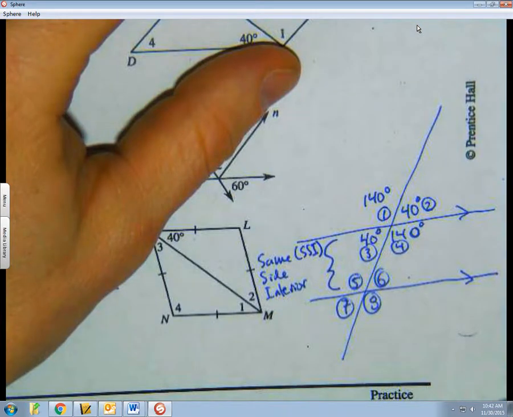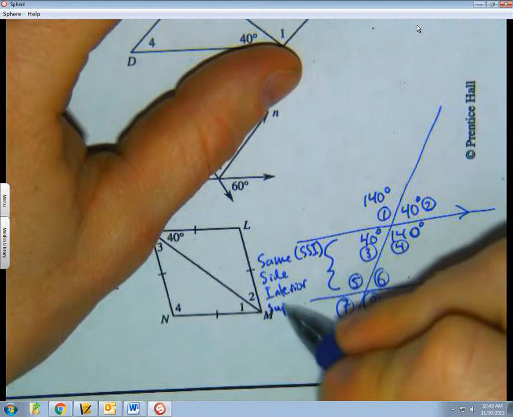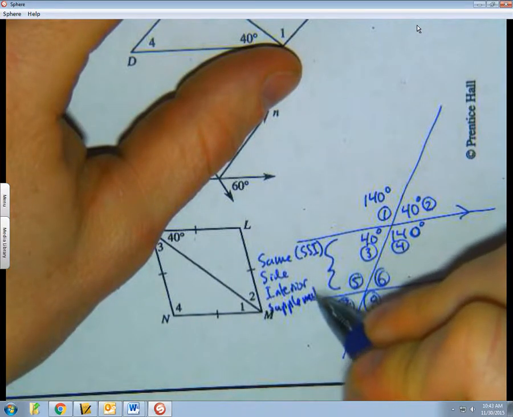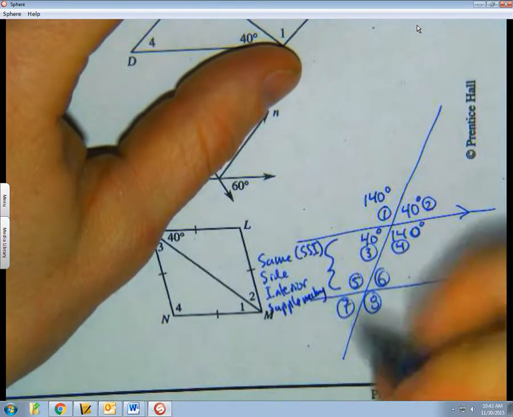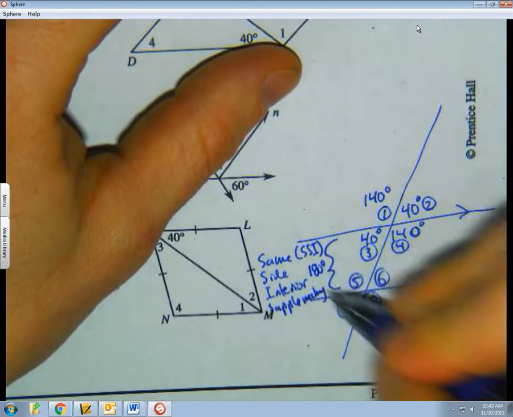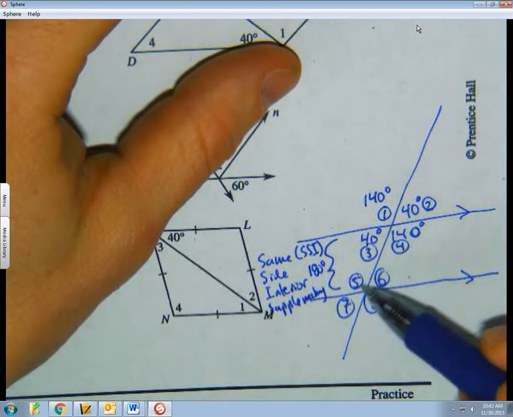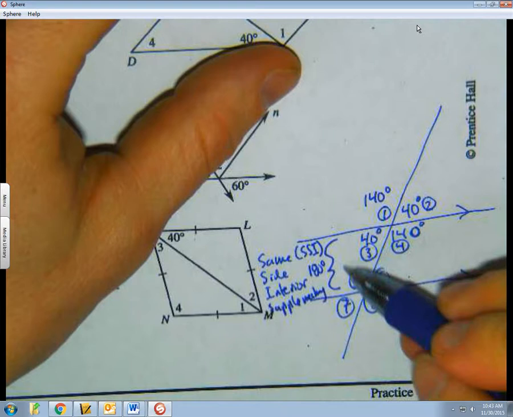SSI are supplementary. And what supplementary means is they add up to 180 degrees. So if this is 40, 5 is going to be 140 degrees.